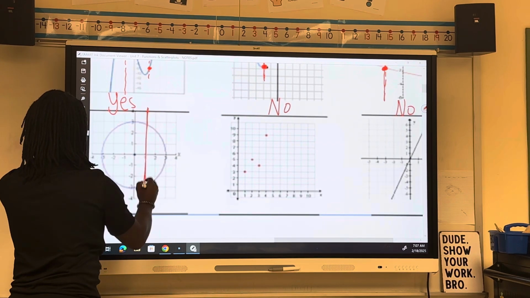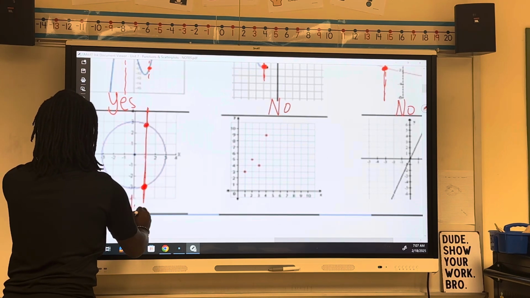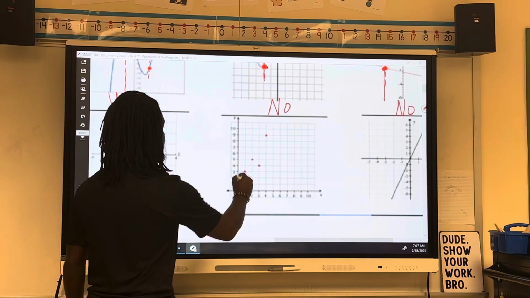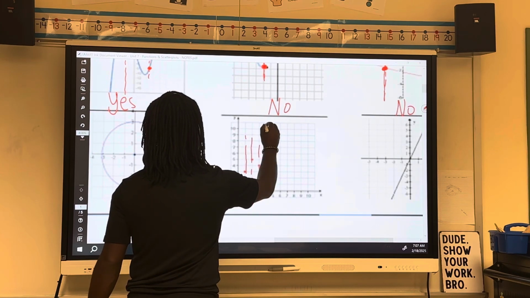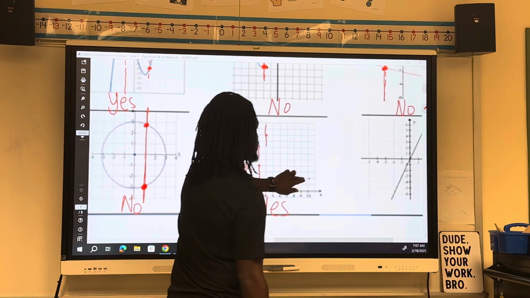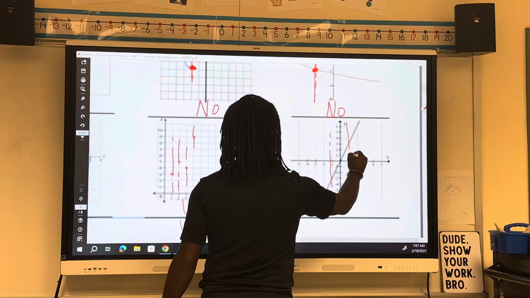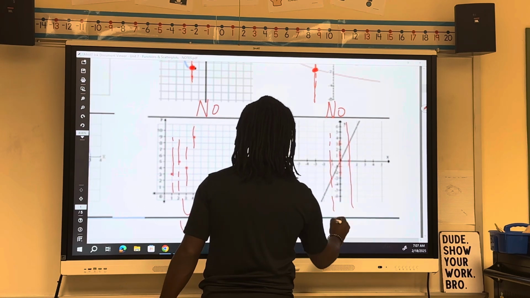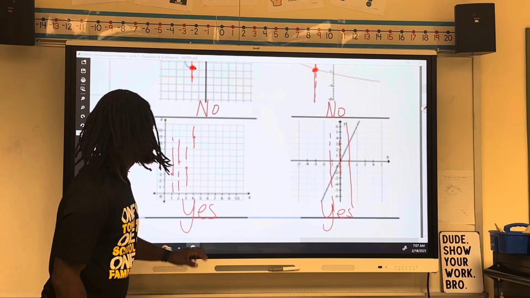If I draw a line here, it now touches two spots, so it is not a function. If I draw a straight line here, it still only hits one point, so that is a function, okay? Same thing here. If I draw a vertical line, it only hits it at one spot, so it is a function, all right?